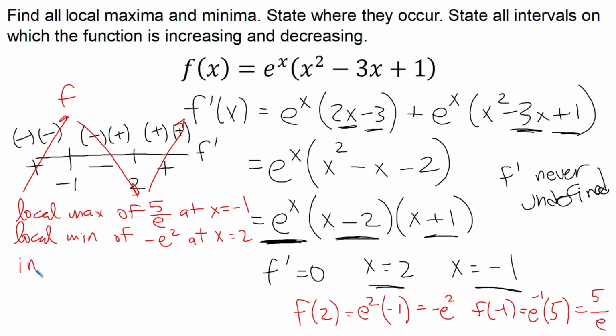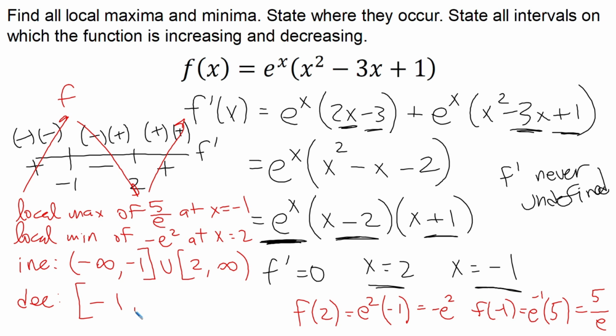We are increasing from negative infinity until we get to negative 1, and then again from 2 to infinity. And we are decreasing on the interval from negative 1 to 2. And that should be our final answer.